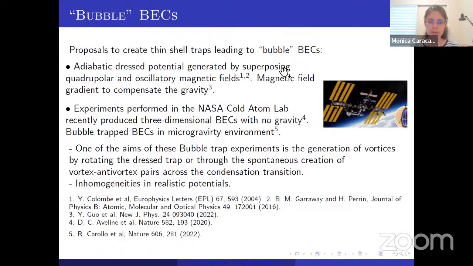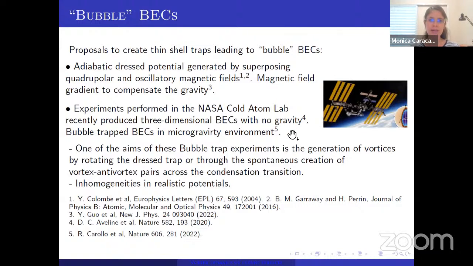I'd also like to mention these pioneering works that summarize how it was developed. On Earth we have the problematic gravitational field, so you need additional magnetic gradient fields to compensate gravity. An alternative way to generate these traps without the influence of gravity was made in the NASA Cold Atom Laboratory, where they recently produced three-dimensional BECs with no gravity.